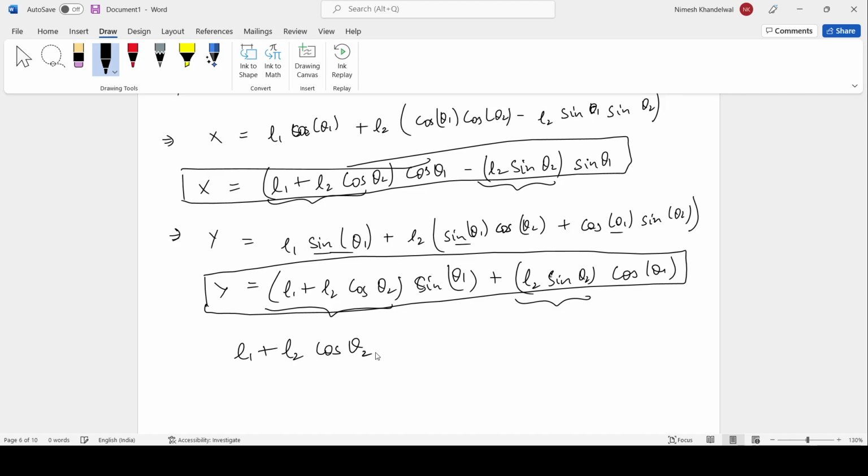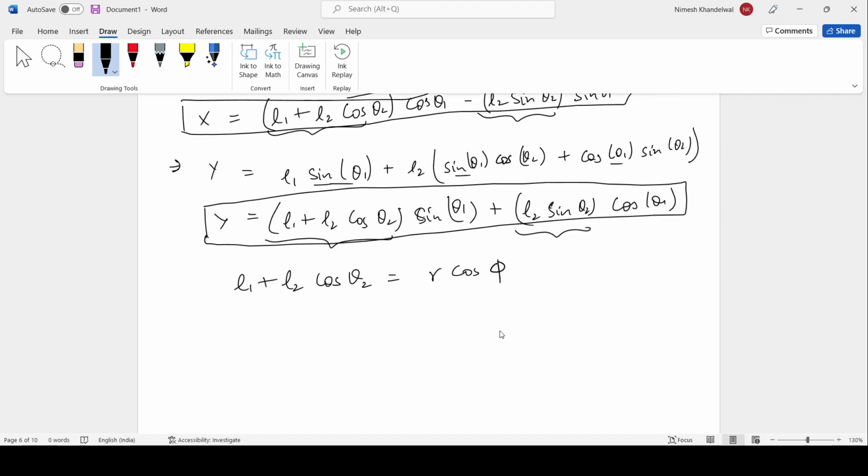Okay, so if we just make a small substitution that says that L1 plus L2 cos theta 2 is r cos phi, we are just assuming that this is r cos phi. And this L2 sine theta 2, we can say is r sine phi, right?